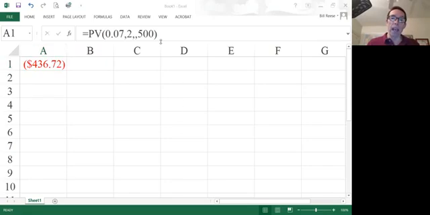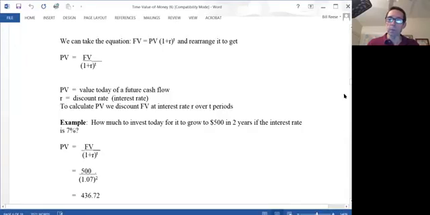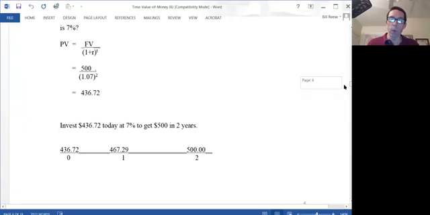So we can see that if we take a look at our class notes here, rather than me writing it up on the whiteboard, if I took 436.72 today and I invested it at 7%, 436.72 times 1.07 is $467.29.